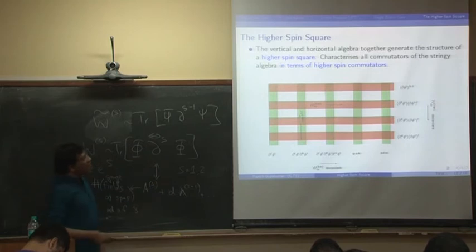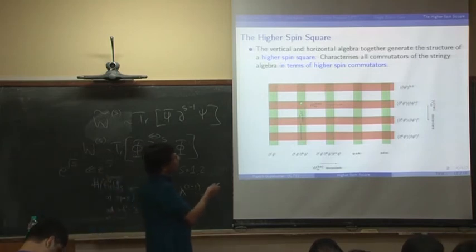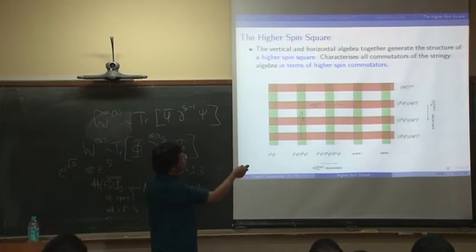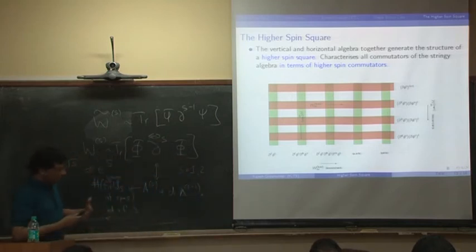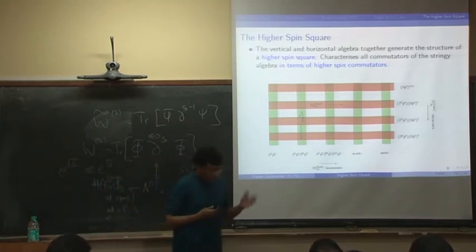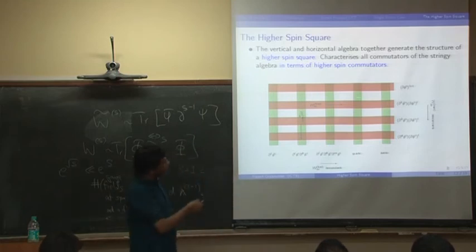So now suppose I want to take the commutator between an arbitrary element here and an arbitrary element here. There's, in fact, a nice consistency requirement also. You can do two things in trying to take this commutator.